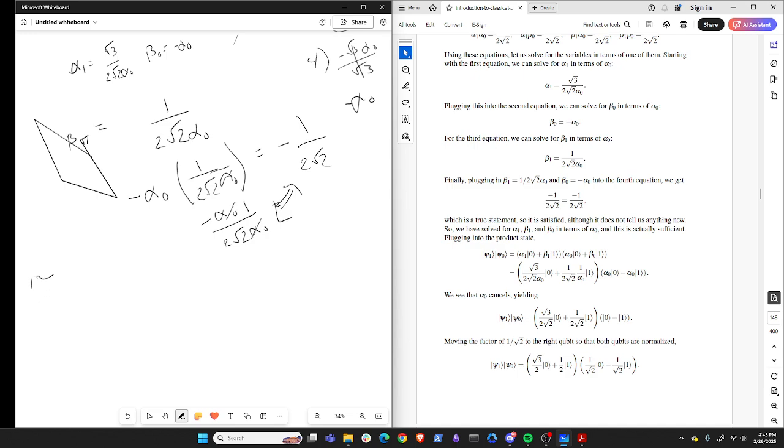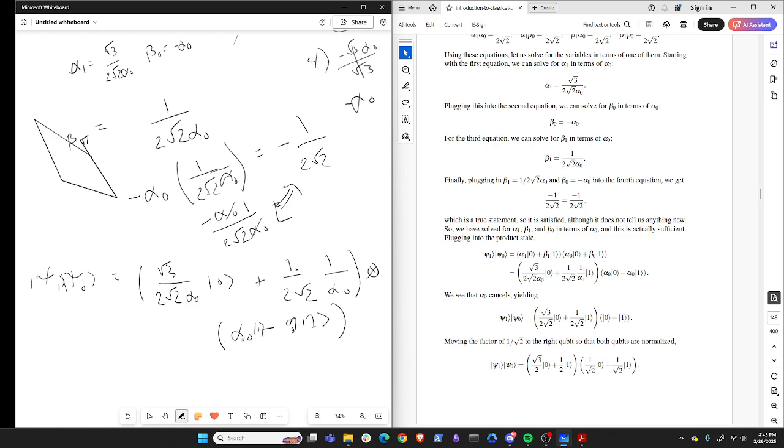So we got psi 1 and psi 0 is equal to square root of 3 over 2 square roots of 2 alpha sub 0, state 0, plus 1 over 2 square roots of 2, 1 alpha 0, multiplied by alpha 0, state 0, minus alpha 0, state 1.